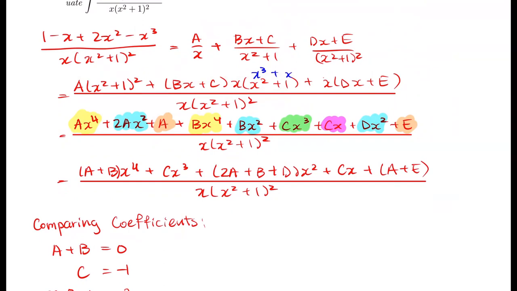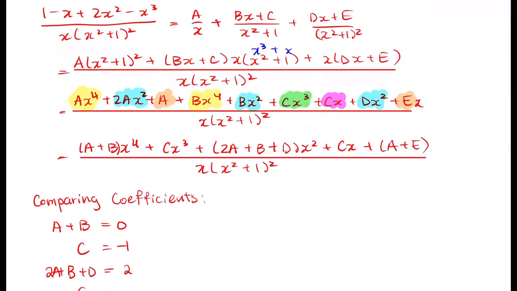Okay, so there should be an x here. So that's a mistake. So that should be c plus ex. And then the constant is just going to be the a. So I should change this highlight.